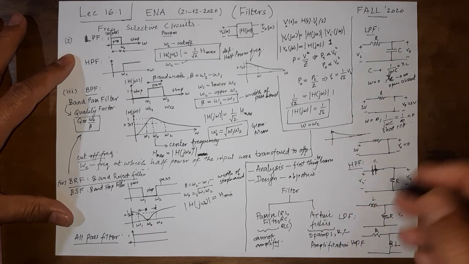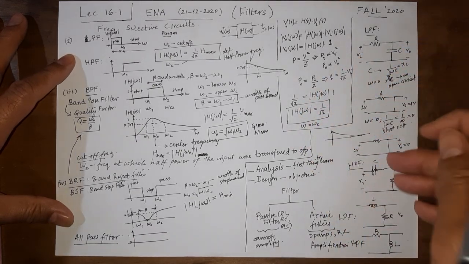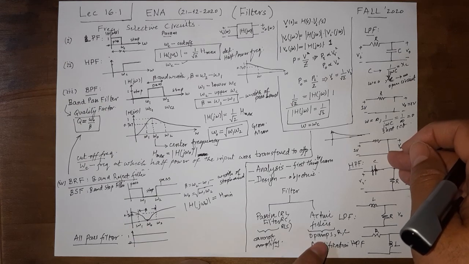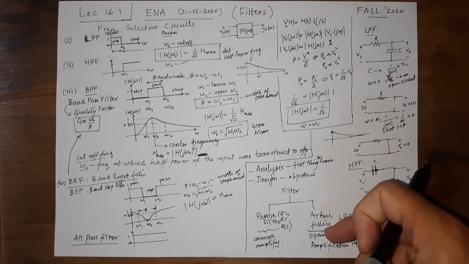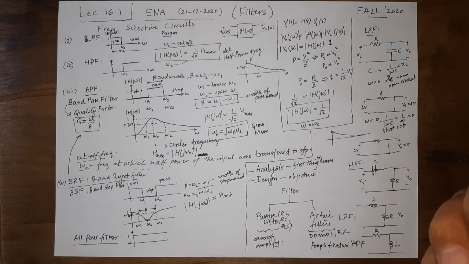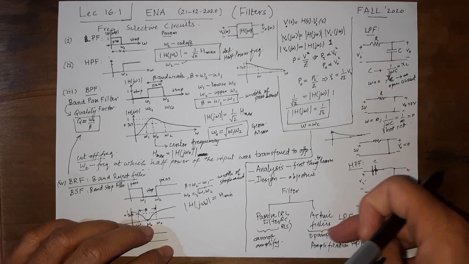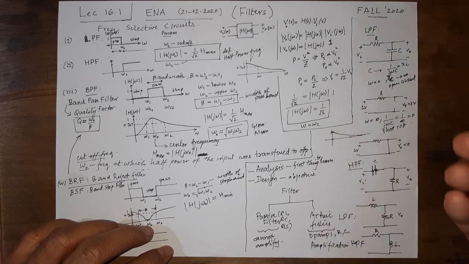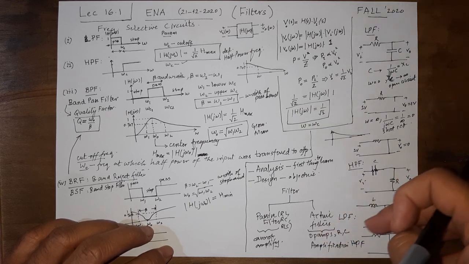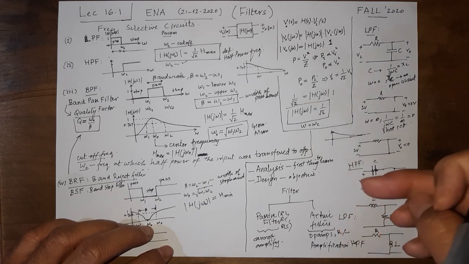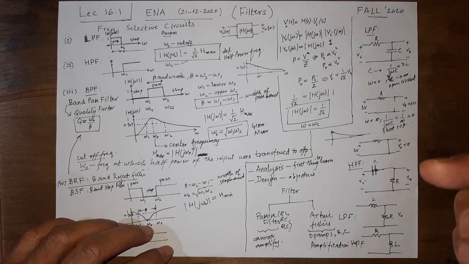Why an inductor is not there has to do with how the components can be manufactured on the integrated circuit, because an op amp is an IC, integrated circuit, and it is used basically in very small circuits. An R can be made within a chip.